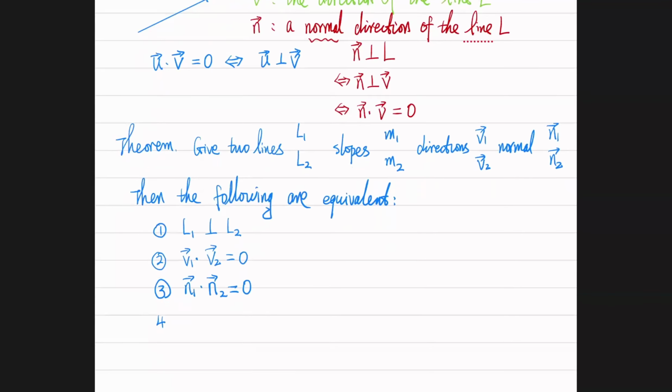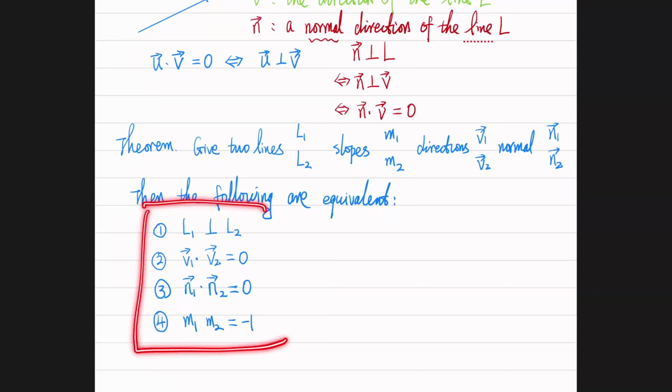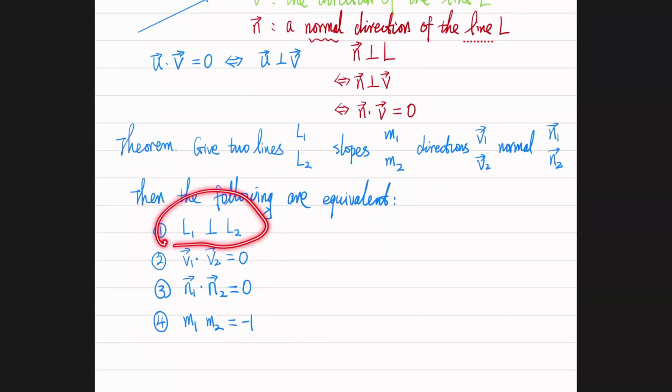And lastly, these four statements are equivalent. When two lines are perpendicular, the two directions are also perpendicular. Two normal vectors are perpendicular. The slopes of the lines, we take a product, we get -1.